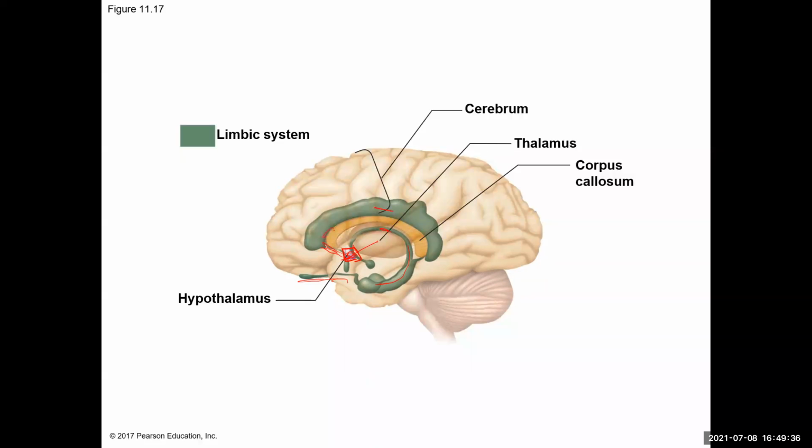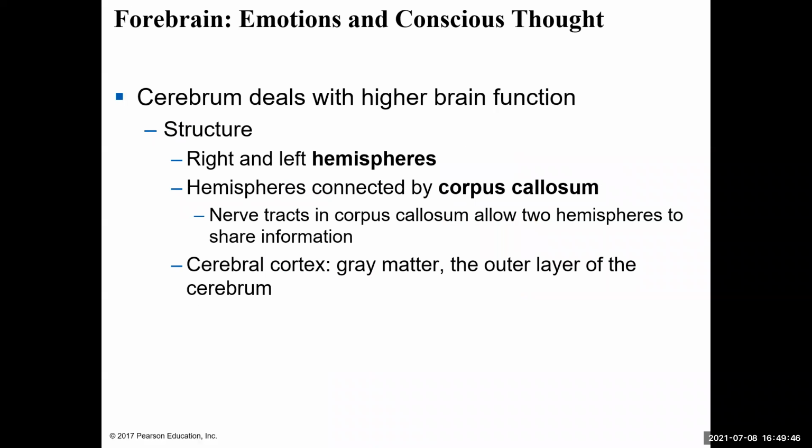Now here, this yellow structure is called the corpus callosum. This is actually what connects the hemispheres of the cerebrum. And the cerebrum is part of the forebrain, so it's the larger part of the brain that most people are familiar with, and actually what you think about most of the time when we say the word brain.